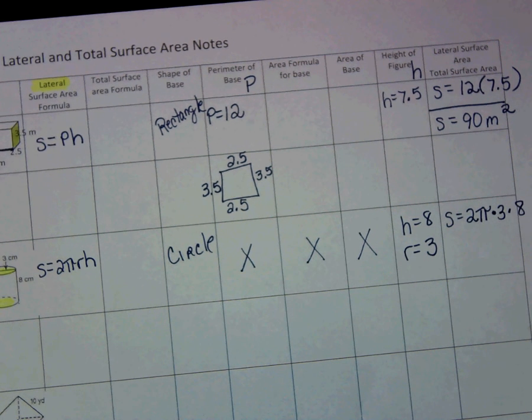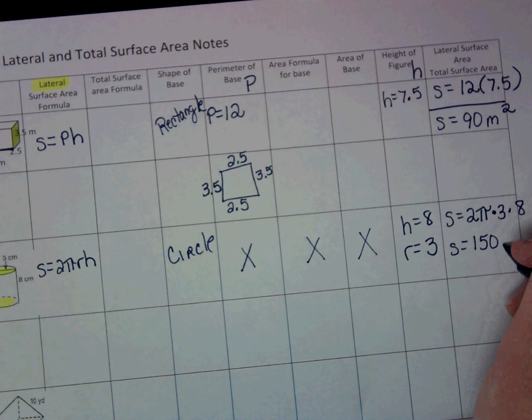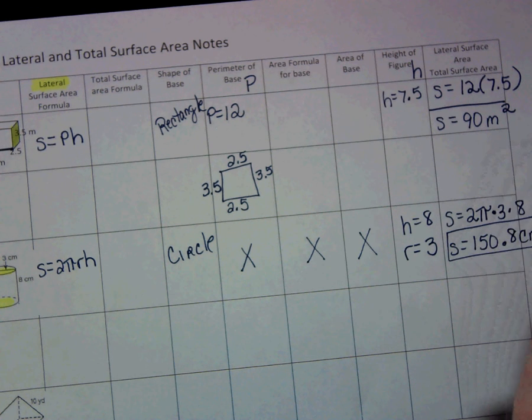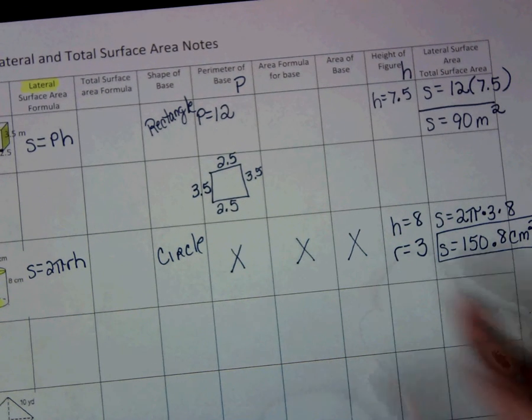Go ahead and calculate that, and let's see if we agree. I'm calculating it as we speak. And I got 150, and if I round to my tenths place, it would be 150.8 centimeters squared. That is my lateral surface area. You can see that lateral surface area isn't too difficult.